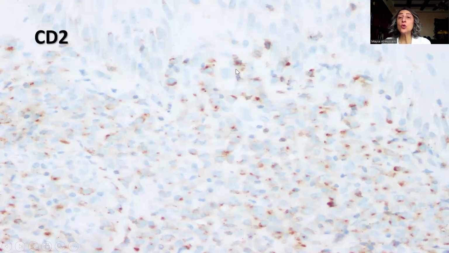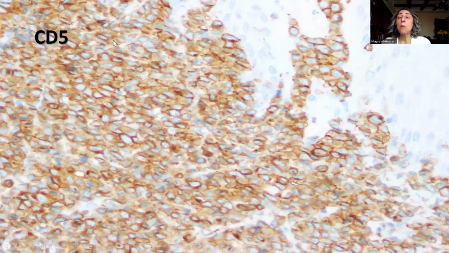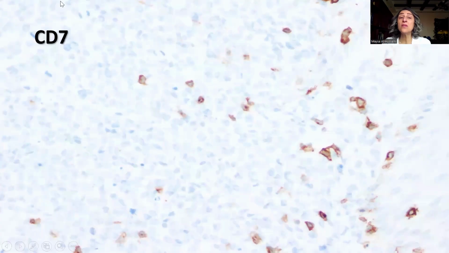Now, CD2 showed this strange dot-like cytoplasmic positivity, but what was really important is that while the tumor cells were CD3 negative, they were CD5 diffusely strongly positive, and CD7 is negative as well.